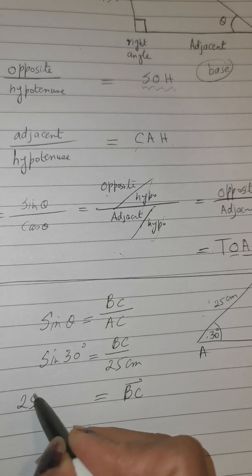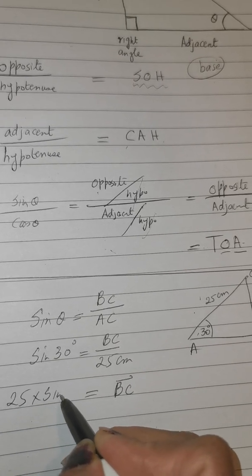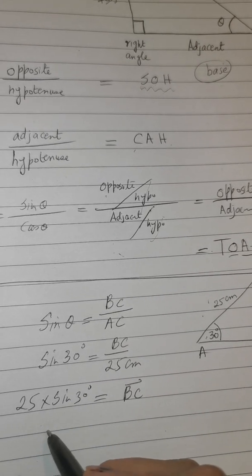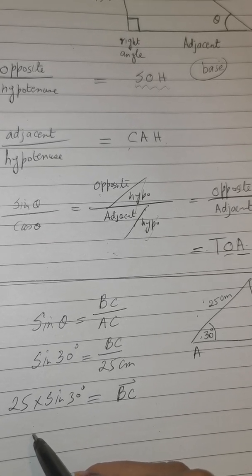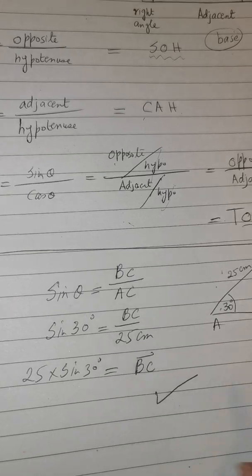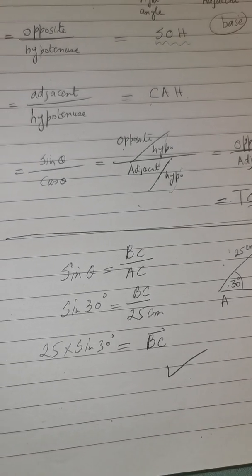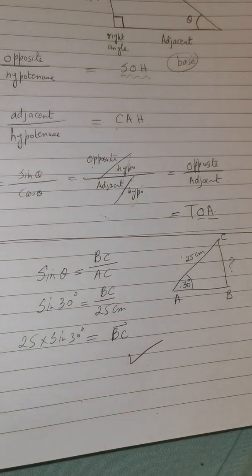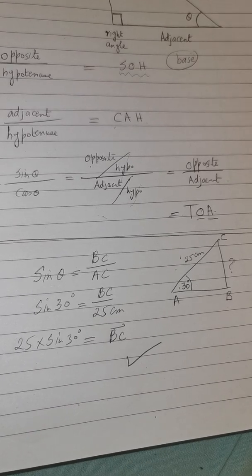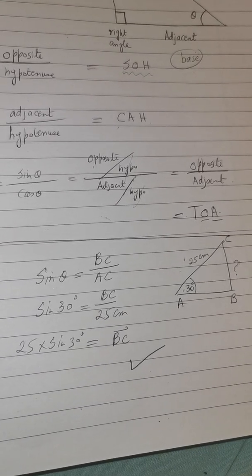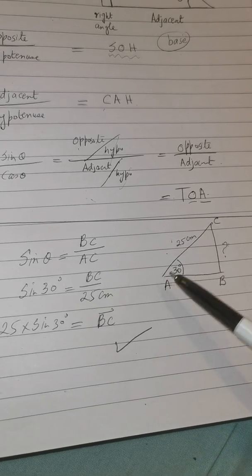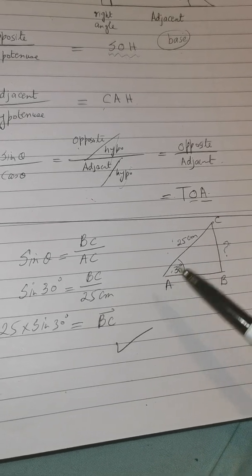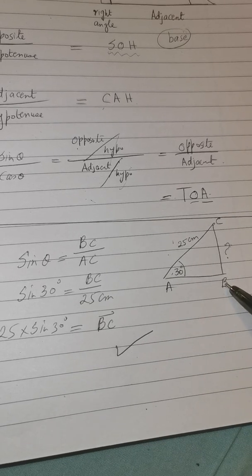So 25 will be multiplied by sine 30. Find the value of sine 30 and multiply it by 25. You will get the value of BC, which is the opposite here, right? So they will give you only a picture with two values and ask for the missing value. They can also ask for AB.